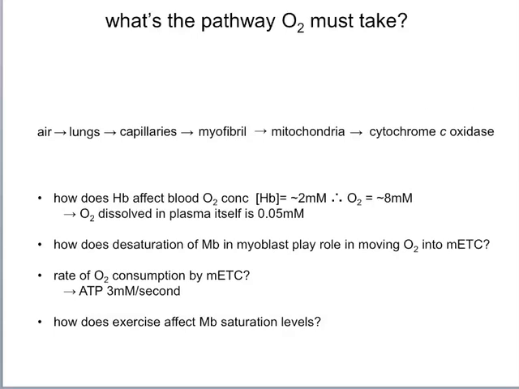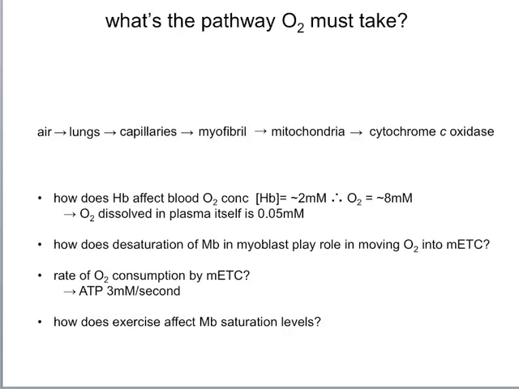That's mitochondrial electron transport, but ultimately those electrons go to the oxygen, breaking it up into water. Now, that's the pathway, and what I want you to think about is what's got to happen with the oxygen and the oxygen carrying or binding molecules.